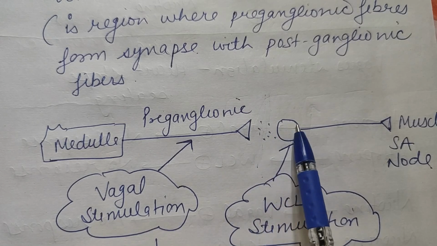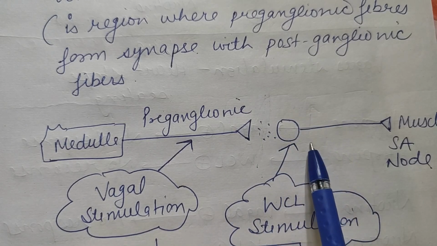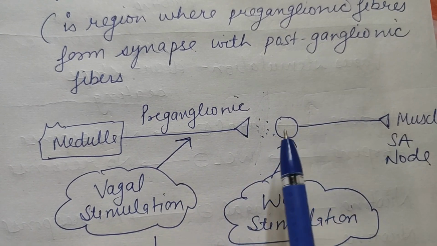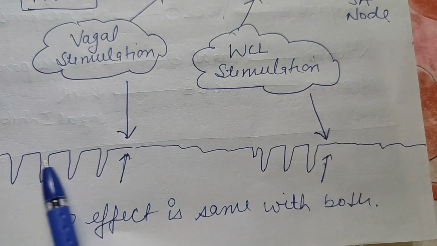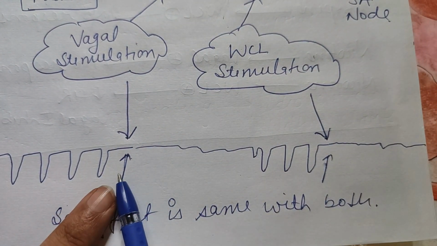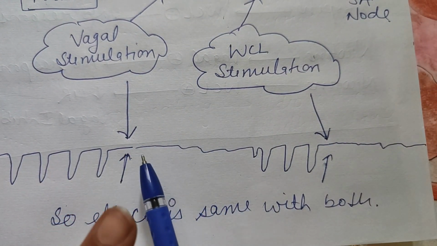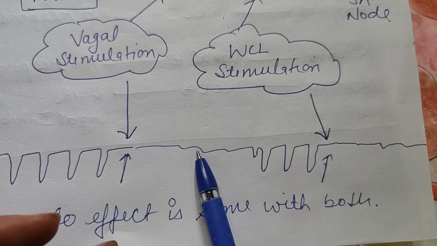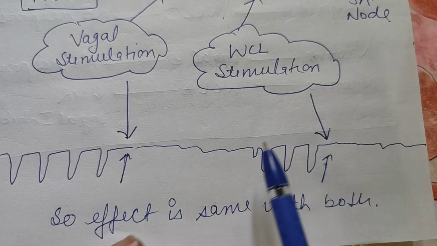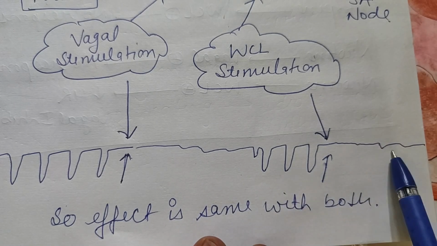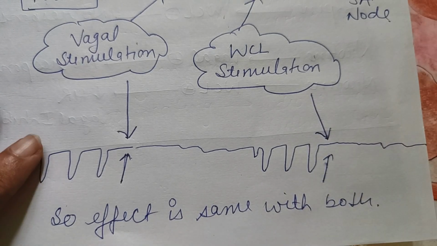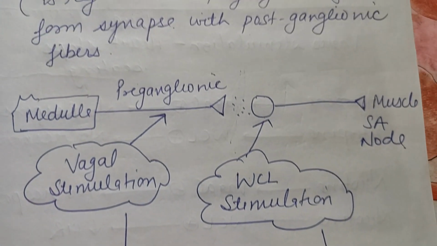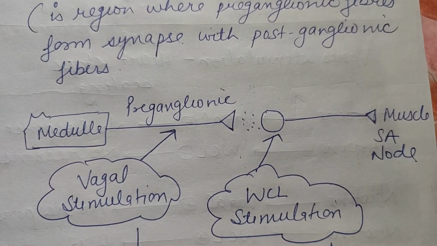The same happens if you stimulate the postganglionic fibers, so the response will be the same. So this is the normal cardiogram. If you stimulate the vagus, heart beating stops or heart rate decreases depending on stimulus strength. And WCL stimulation, the response is the same. So the effect is the same with both on a normal cardiogram.